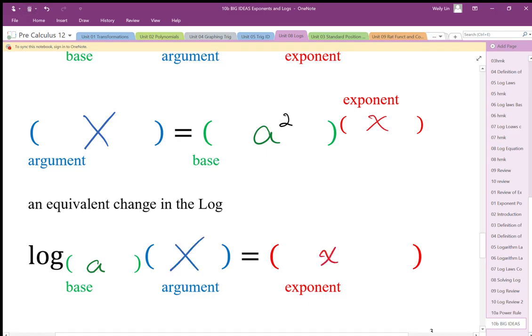So how does the undoing of that exponent work? If I want to get rid of that exponent, I can square root here and I can square root here. That means, again, I can square root. That would be okay.